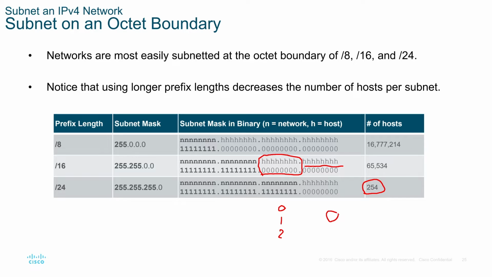If I had a serial connection between two routers, this only needs 2 hosts, one address for each end. But we would be providing this network with 254. So we have just wasted 252 addresses.